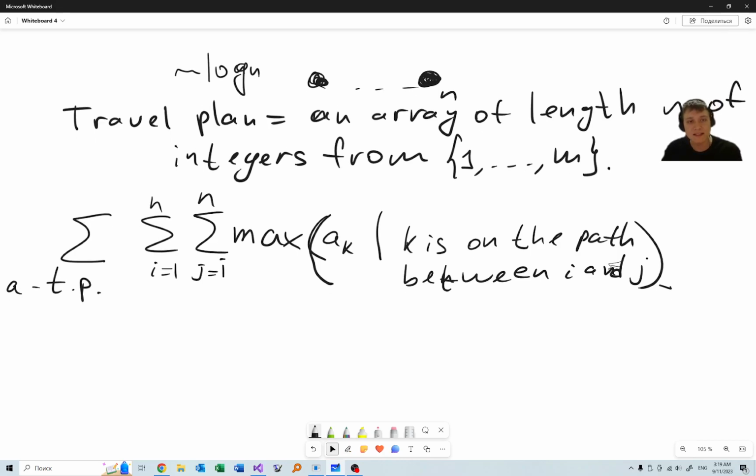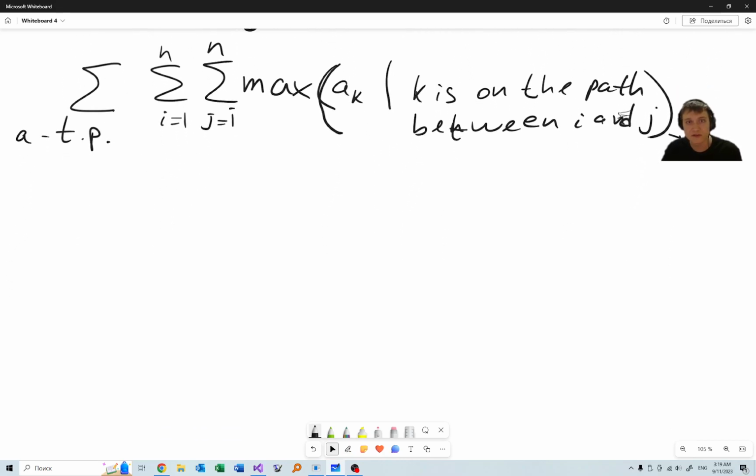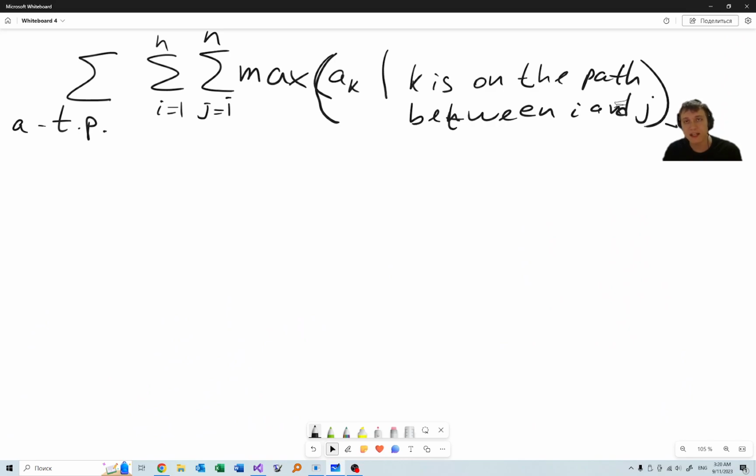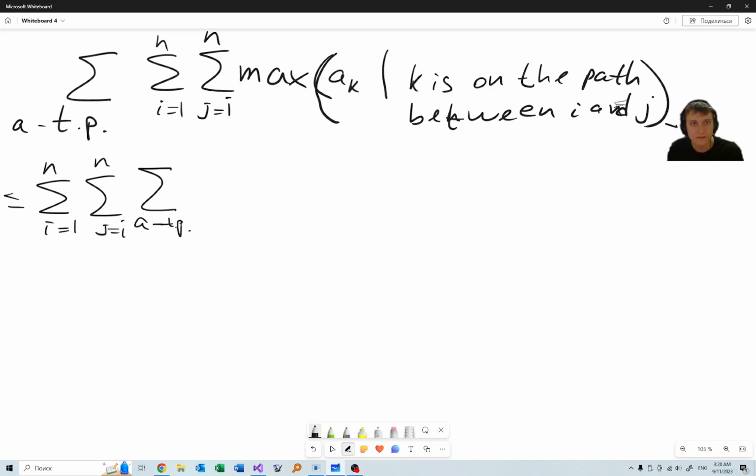As I said during the screencast, I will not implement this problem right now because it is in the screencast. You can rearrange it as sum from i equals 1 to n, and sum from j equals i to n, and then sum for all a which are travel plans, and this maximum.